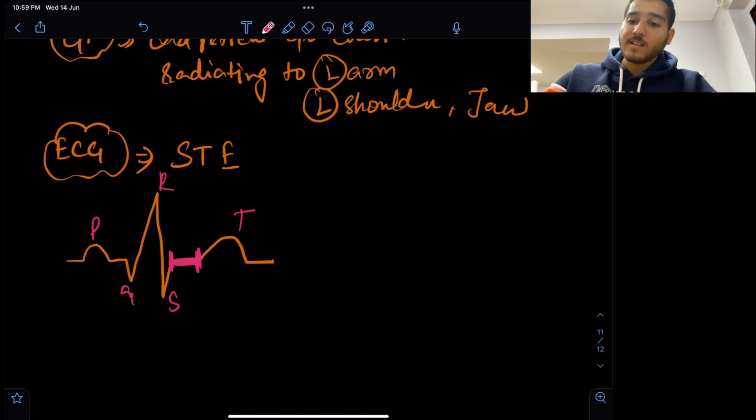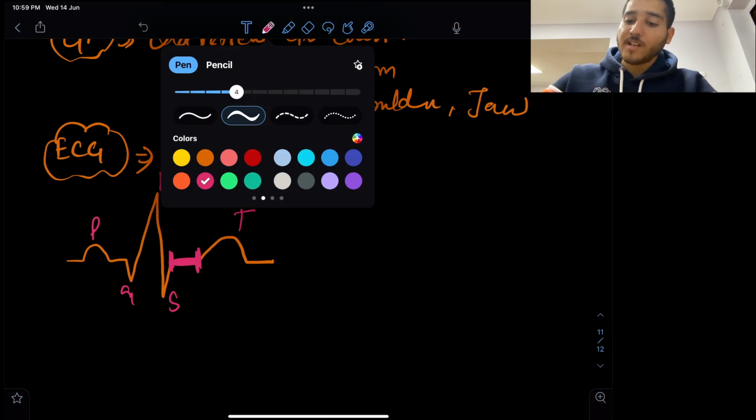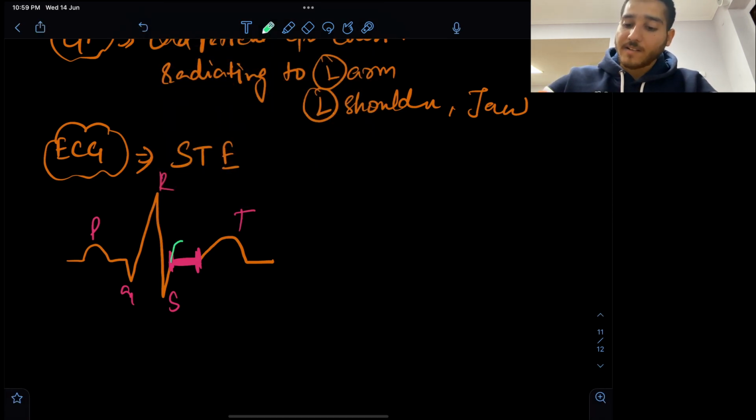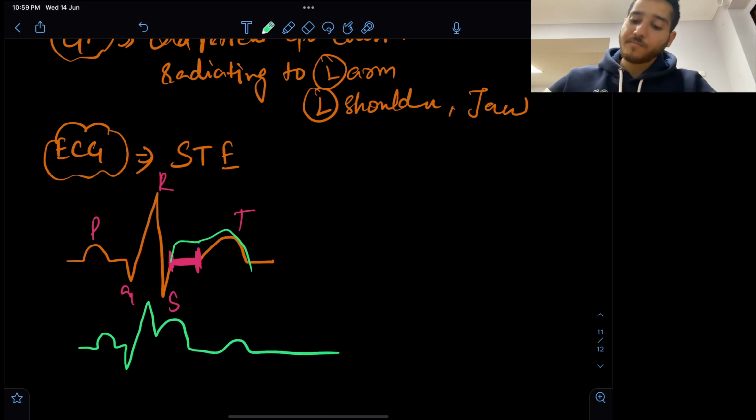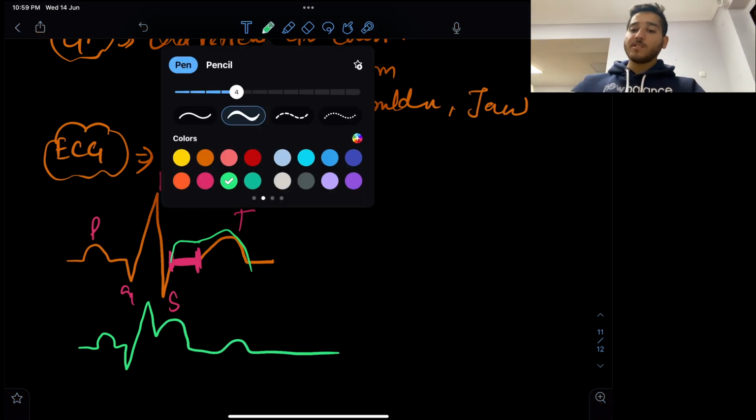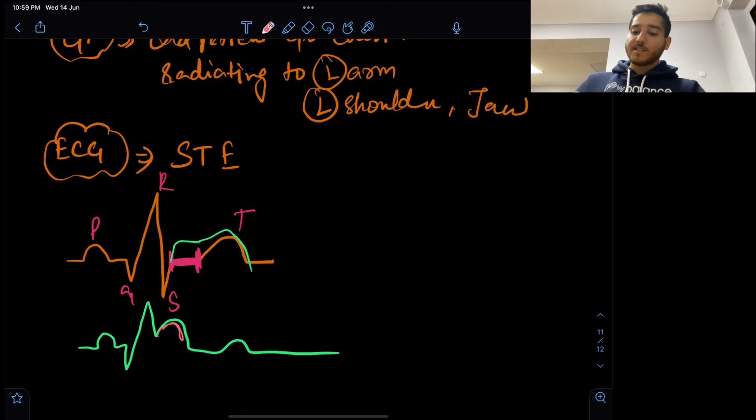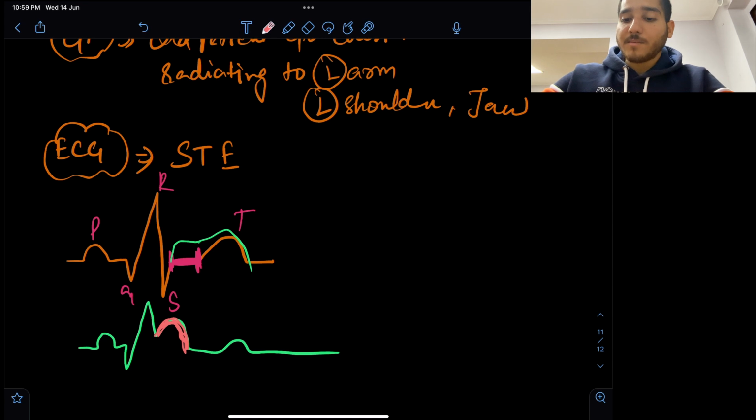In ECG of myocardial infarction, you will get this ST segment elevated, and the ECG might look like this. This is the ST segment elevation, and it is convex in shape.